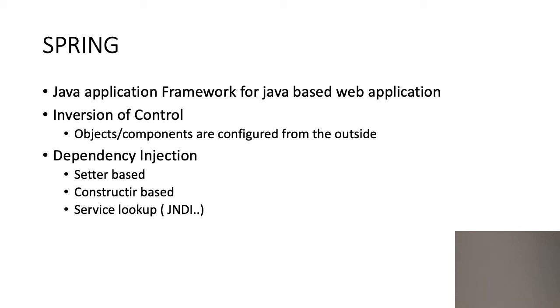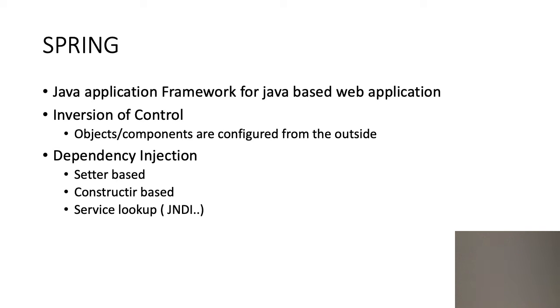What is Spring? Spring is a Java application framework for Java based web applications, and the whole of Spring is based on the design principle of inversion of control and dependency injection. Inversion of control means the components are configured from outside, via configuration files, and not from within the application itself.